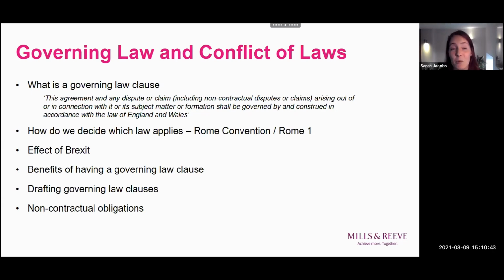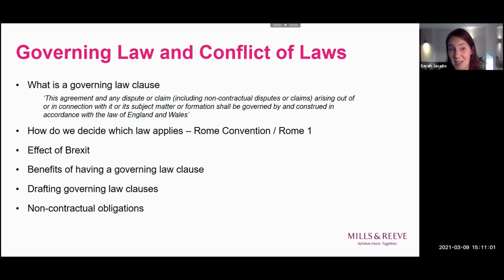There is a way to wiggle out of that, though. So if you are in a situation where, for example, you're contracting with a Chinese company and the company is performing in China and you don't have a governing law clause and you don't want Chinese law to apply, what are you going to do?